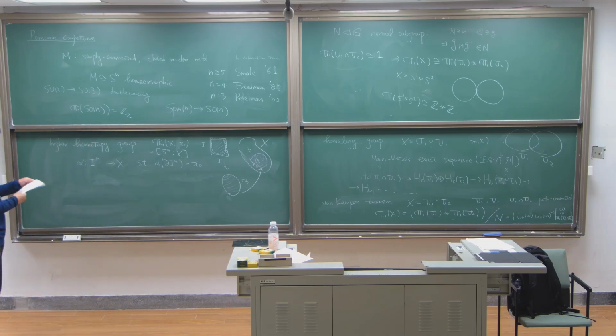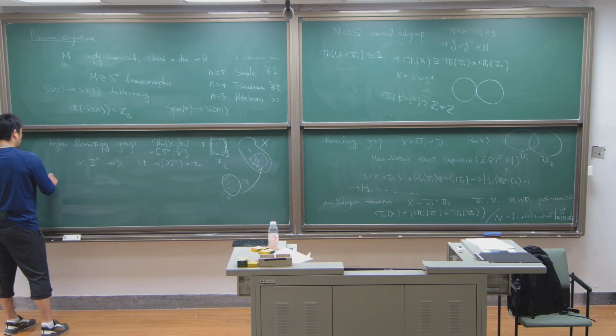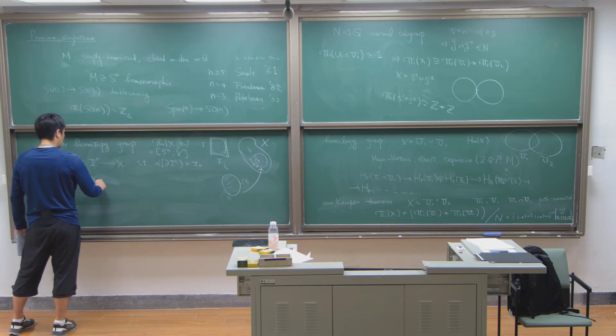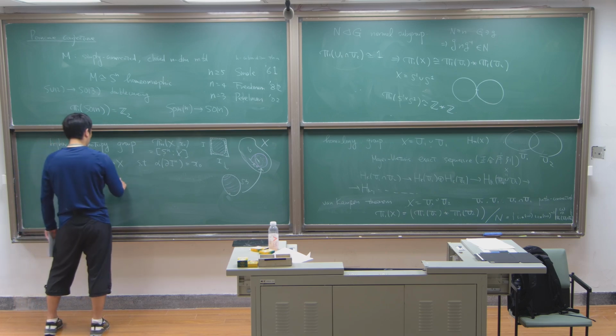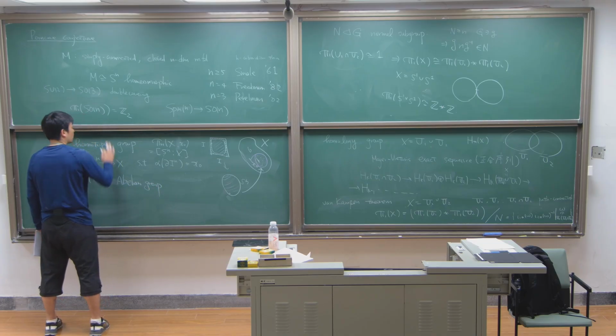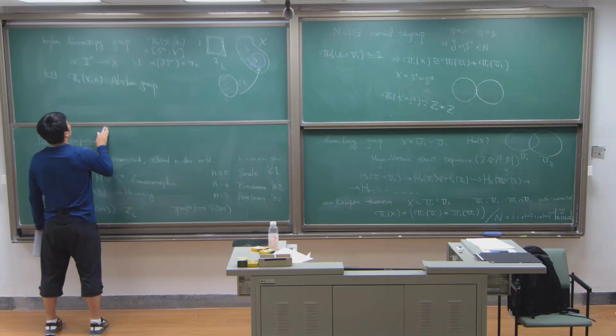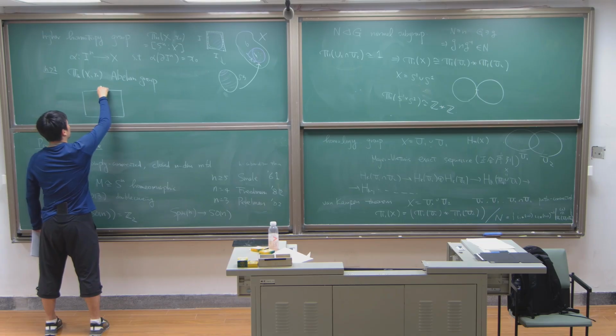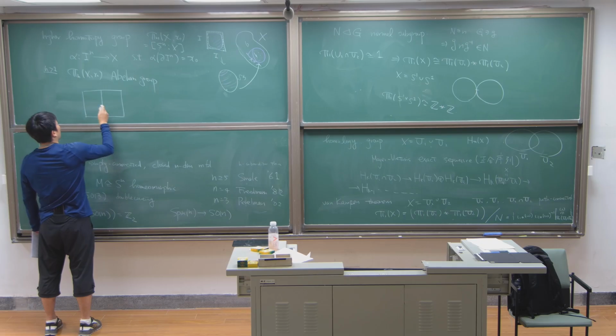Now I just consider n greater than 1. Then pi n of X, x naught is abelian, and more precisely finitely generated. That can be obtained by the same thing: I cross I, where this part is mapped to the one point.